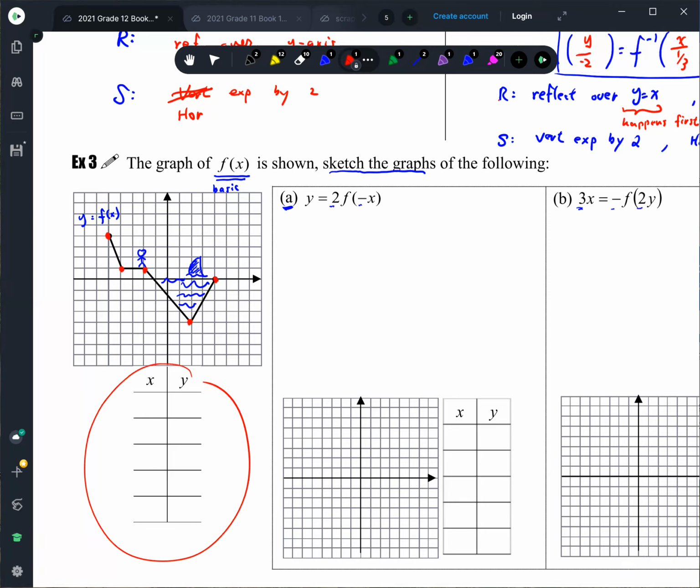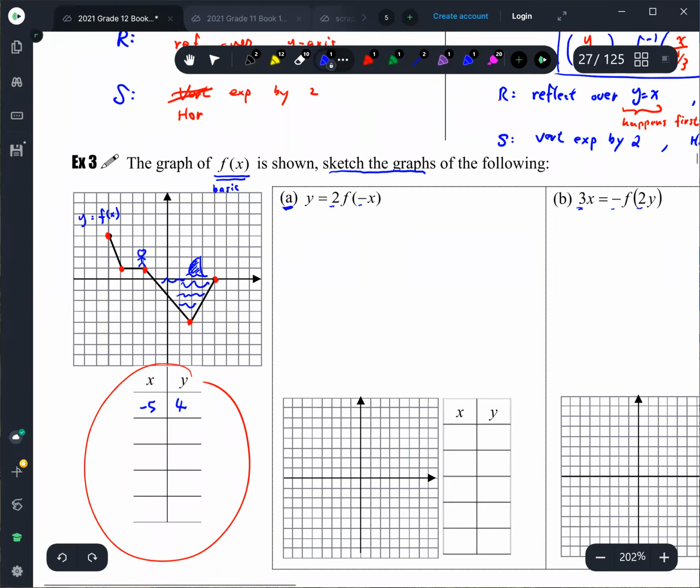When you've done that, please raise your hand and write out the pairs. I'll do the first one. The first point is on the left side: 1, 2, 3, 4, 5, so -5 and 4. In order from left to right, please fill out the table.